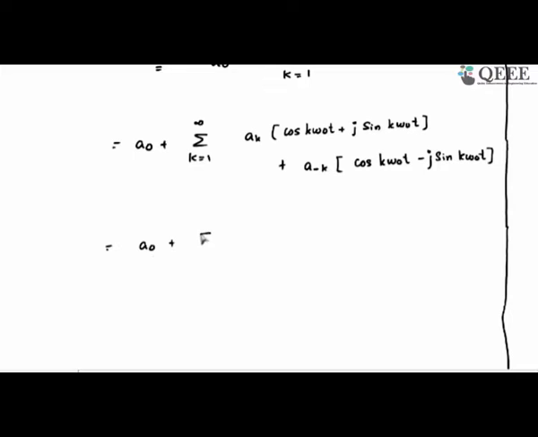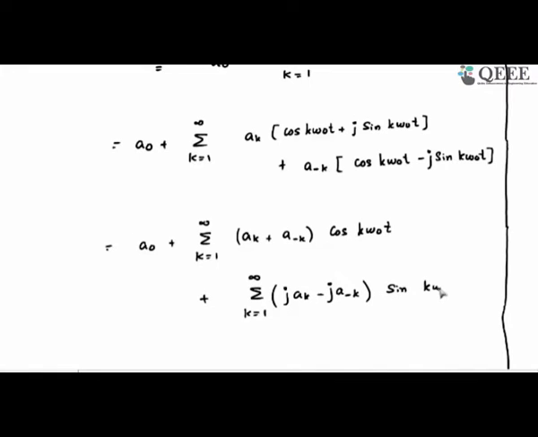So this is plus sigma k equal to 1 to infinity of (ak plus a minus k) multiplied with cos k omega naught t, plus sigma k equal to 1 to infinity of (j times ak minus j times a minus k) multiplied with sin k omega naught t.